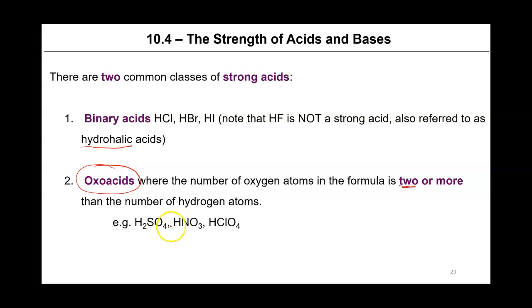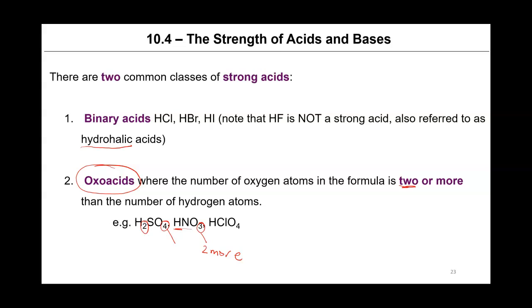So let's just have a look here. In this acid here, called sulfuric acid, we have 4 oxygen atoms, which is 2 more than the number of hydrogen atoms. So this one is strong. In this acid here, called nitric acid, we have 3 oxygen atoms, which again is 2 more than the number of hydrogen atoms, because you have 1 hydrogen atom in this case.